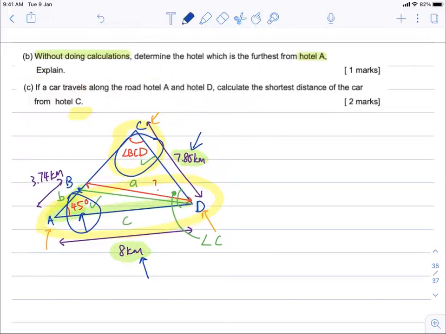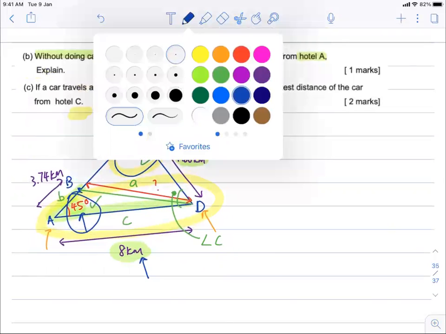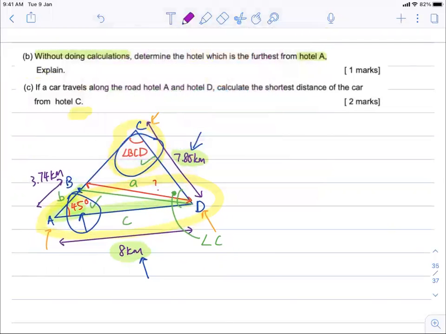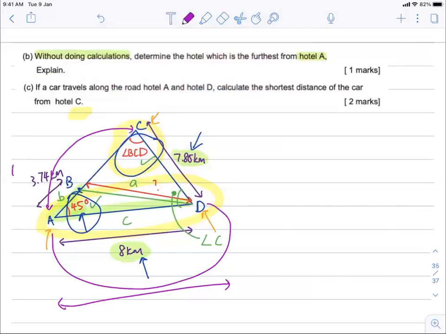For example, let's say hotel A and D, you want to find the length, or hotel A and C, you want to find the length. If you can know the length, then you can know which hotel is furthest away from hotel A. Is it hotel D is furthest, or hotel C is furthest?